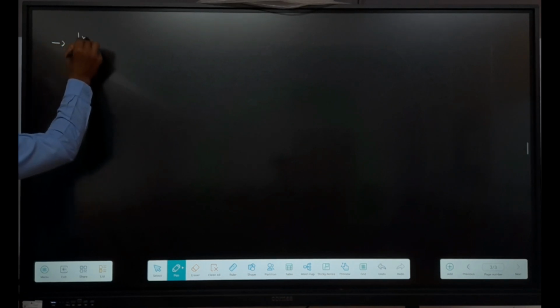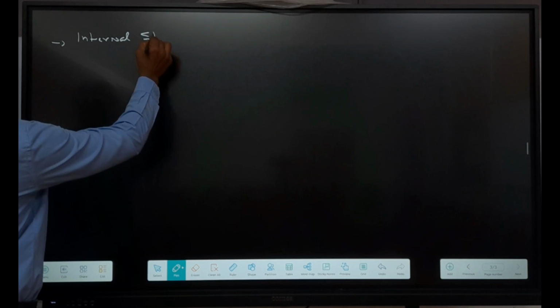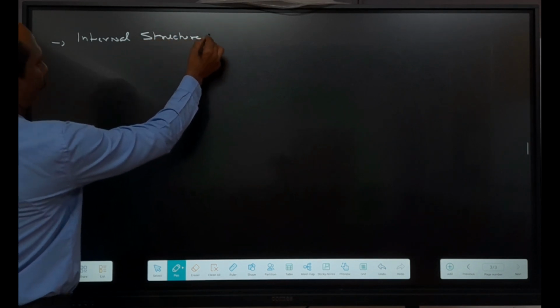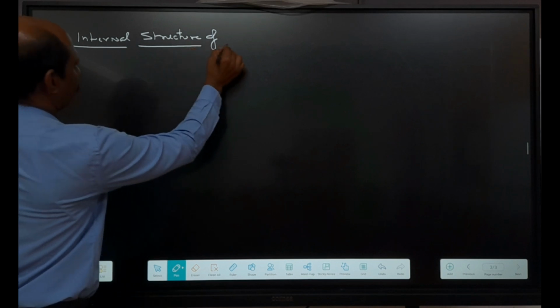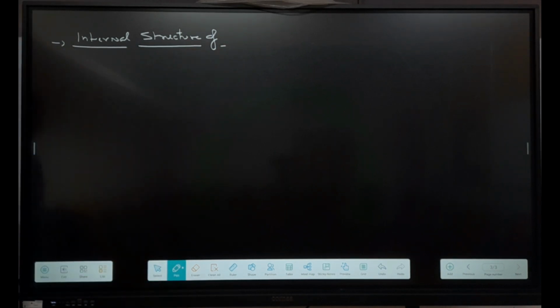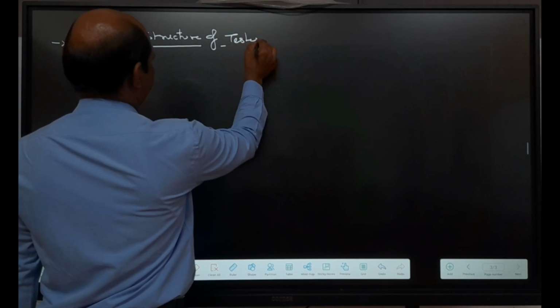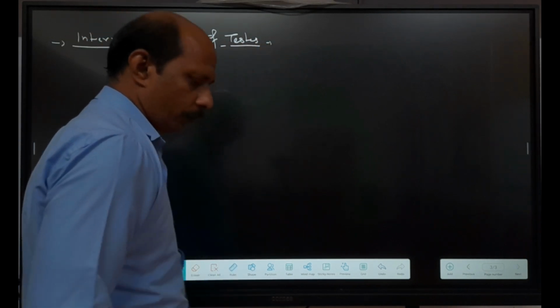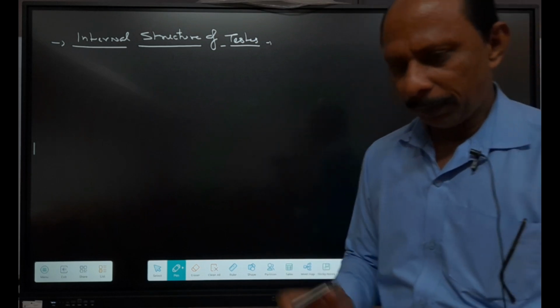Here, internal structure of testis, right? First, which is not given in our NCERT, that is what are the coverings present in our testis.